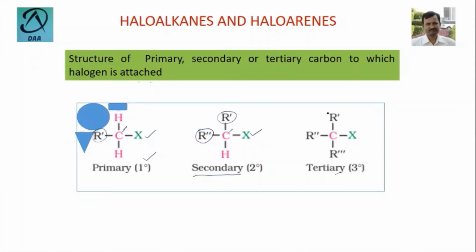For the tertiary, similarly, you see the 3 R groups attached, R prime, R double prime, R triple prime, and only one halogen atom. In this case, it is called the tertiary monohaloalkane.